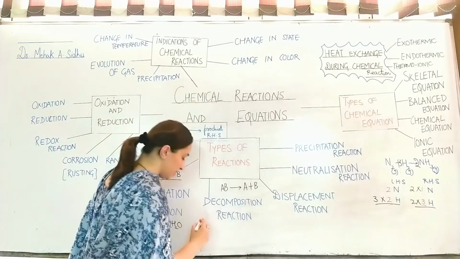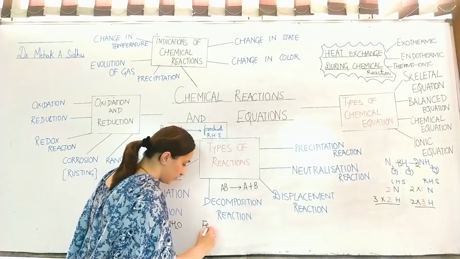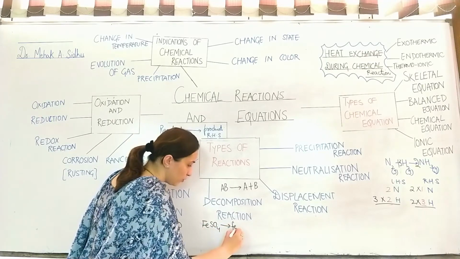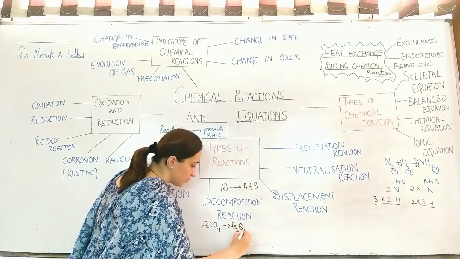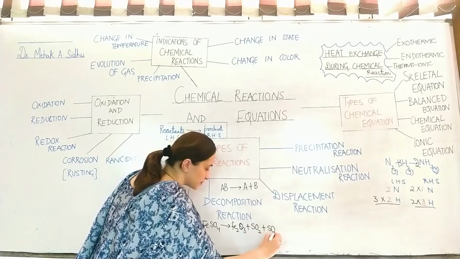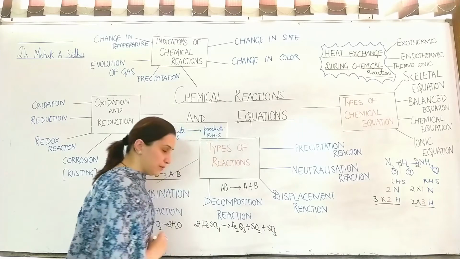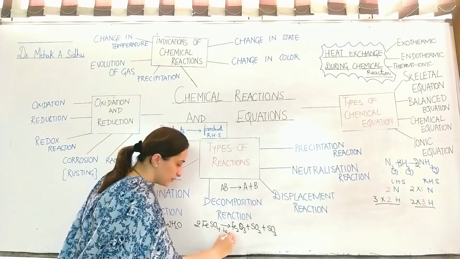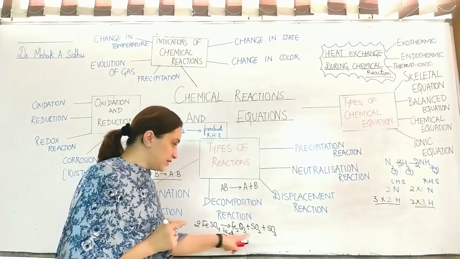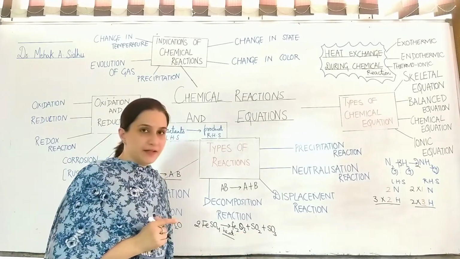I'm just quickly giving you one equation. FeSO4, when it is heated, forms Fe2O3 plus SO2 plus SO3. Again, balance. On heating, ferrous sulfate forms ferric oxide, sulfur dioxide and sulfur trioxide.